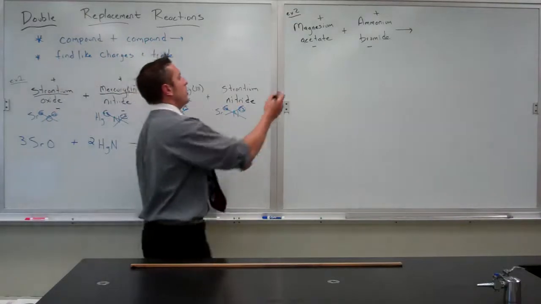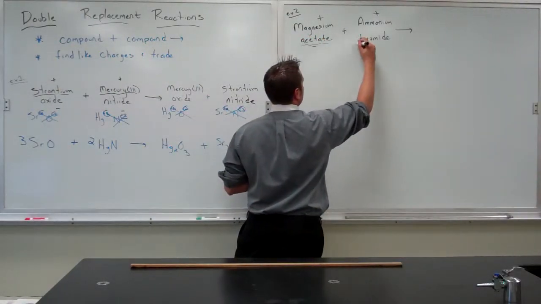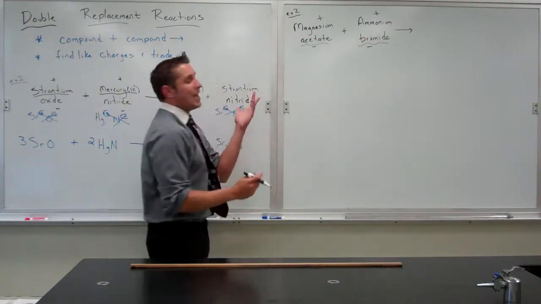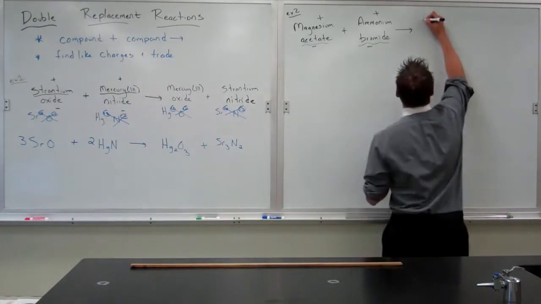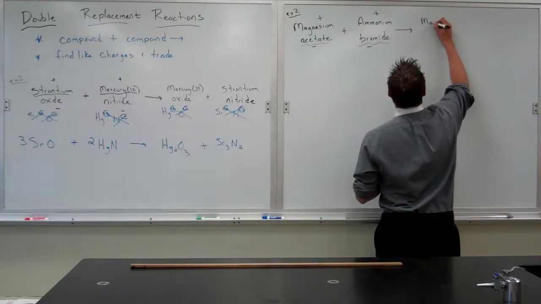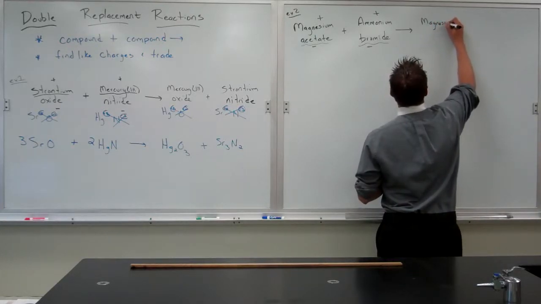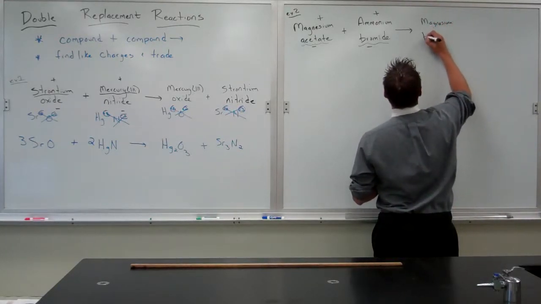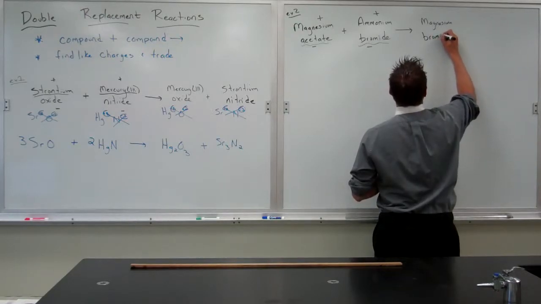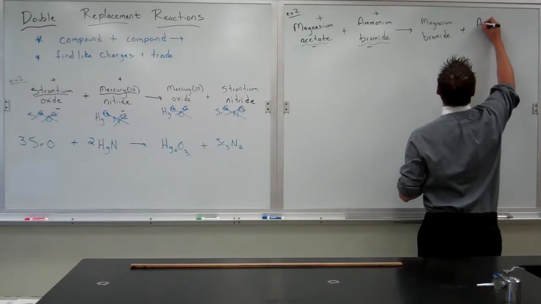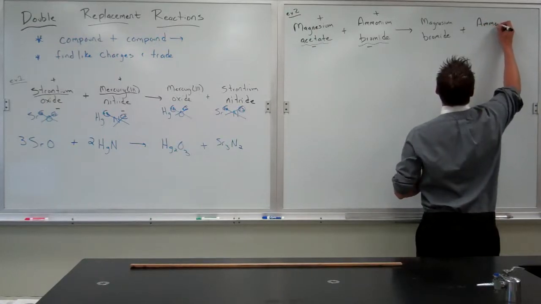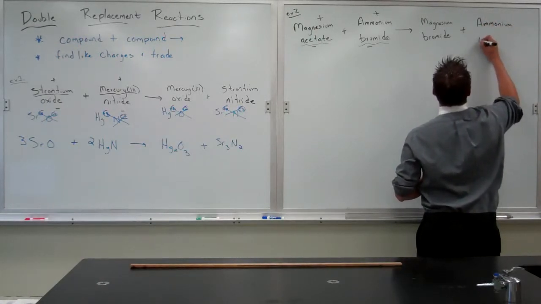I just want to show you that we could just as easily trade our negatives. So acetate and bromide are going to flip. If I do that, I get magnesium bromide plus ammonium acetate.